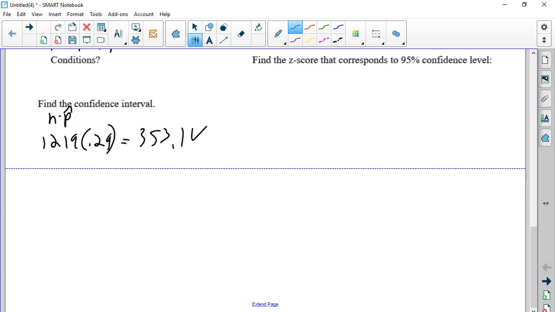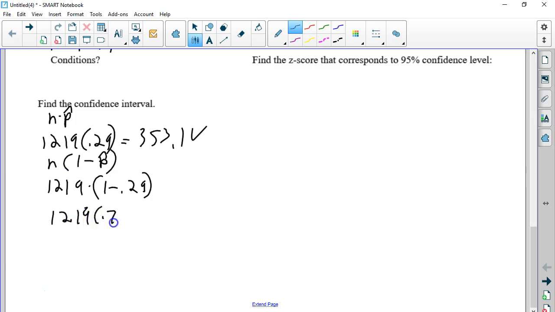Now we also have to check n times 1 minus p hat. So that's going to be 1219 times 1 minus 0.29. If I got 29% on a quiz correct, that means I got 71% wrong.